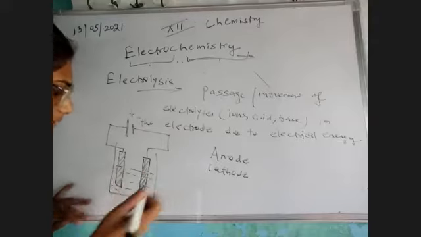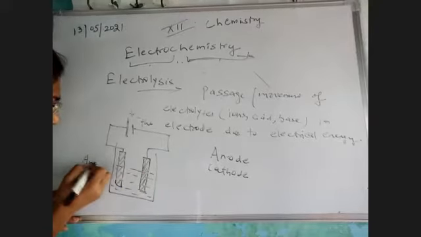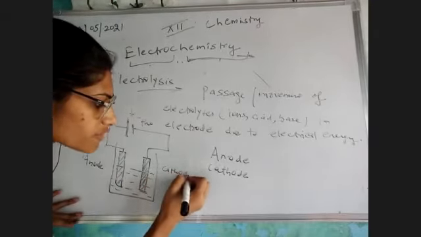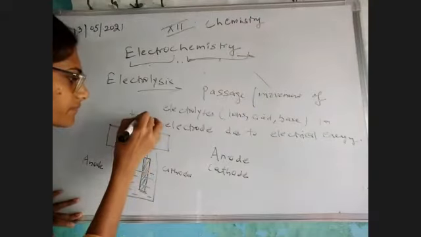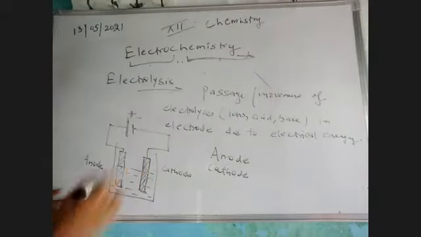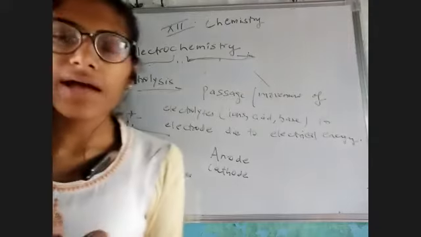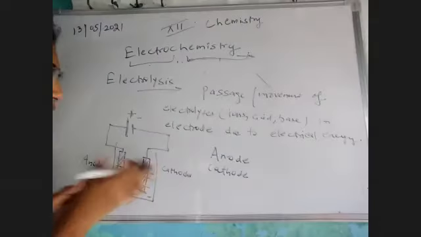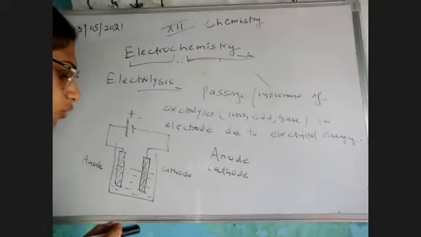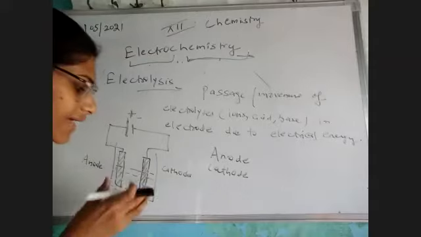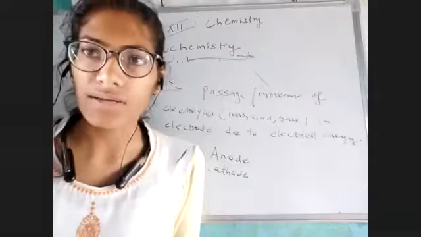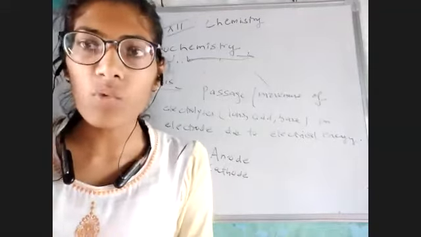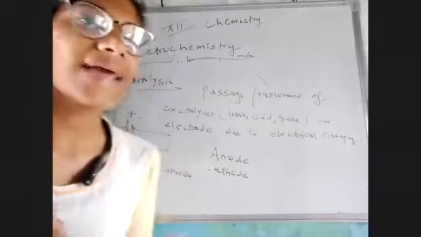Now what's happening? This is my anode, which is connected with the positive charge, and this is the cathode, which is connected with the negative charge. Whenever I deliver electrical energy to this, the cathode and anode get charged, and the cations and anions, the two different types of ions, start moving to different sides. What's happening actually?